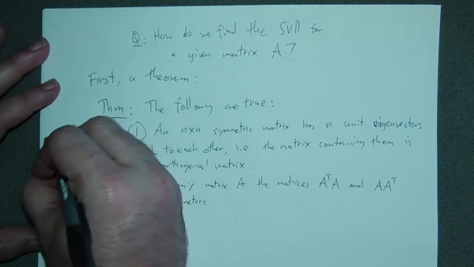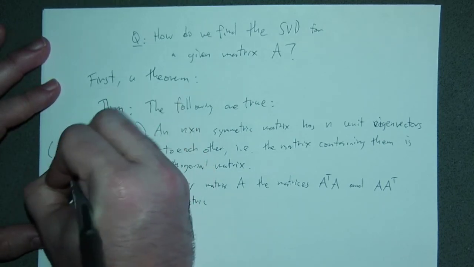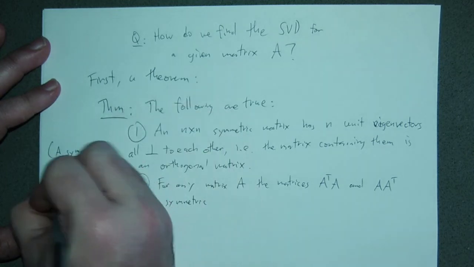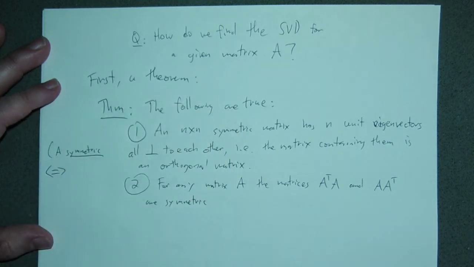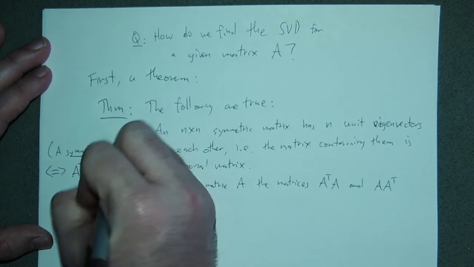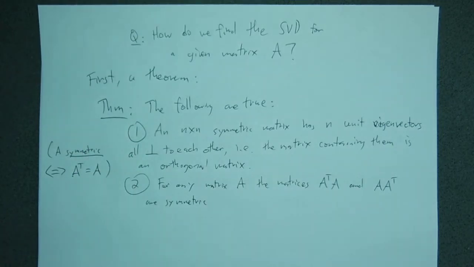A reminder: A is symmetric means exactly that A transpose is equal to A. So taking a matrix and transposing it leaves you with a matrix identical to the one you started with. That's what it means to be symmetric.